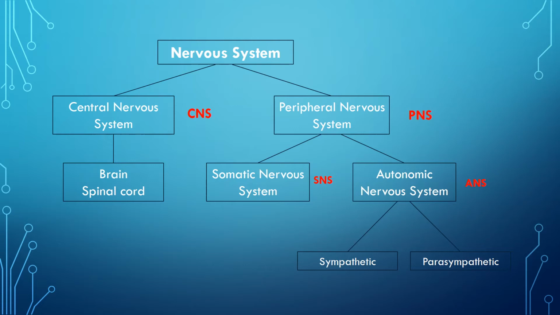The central nervous system is made up of the brain and spinal cord, and those should be in the box on that side of the diagram, whereas the peripheral nervous system is further split into the somatic nervous system and the autonomic nervous system. And the autonomic nervous system has two divisions, the sympathetic and parasympathetic. Can you please check that all those words are spelt correctly?